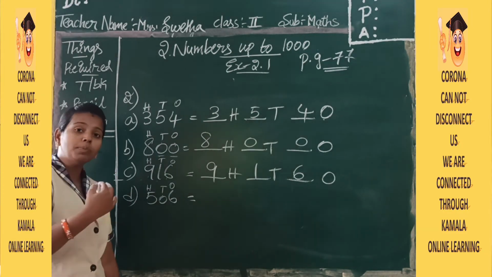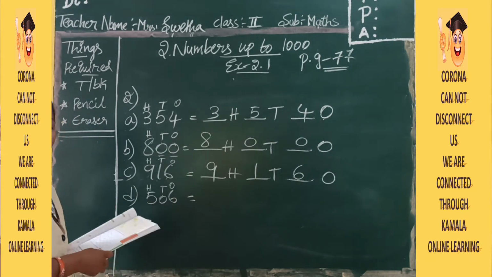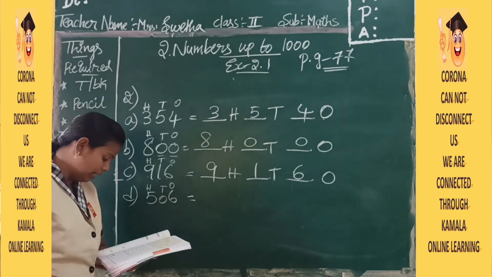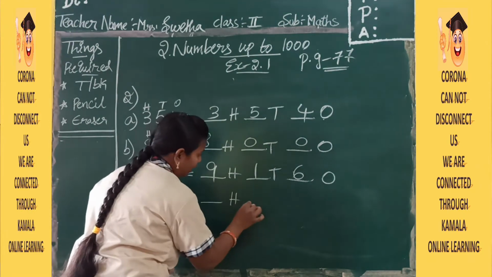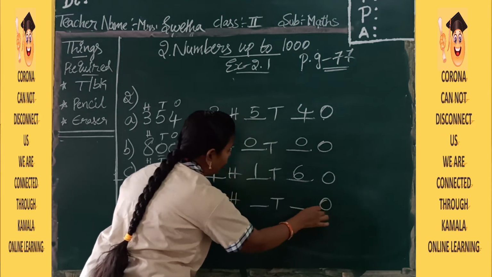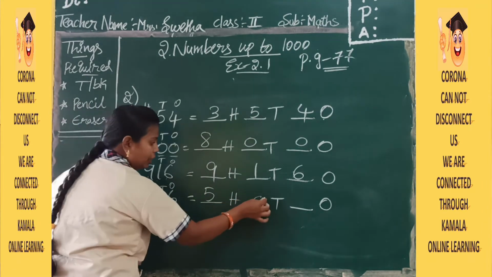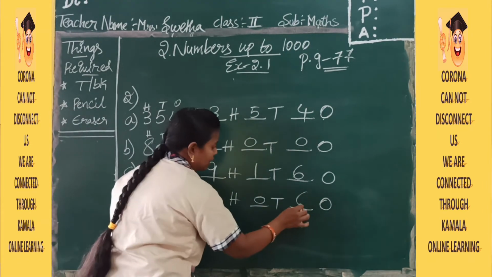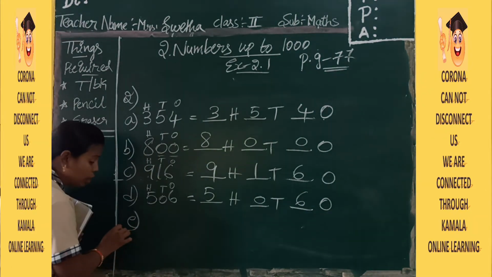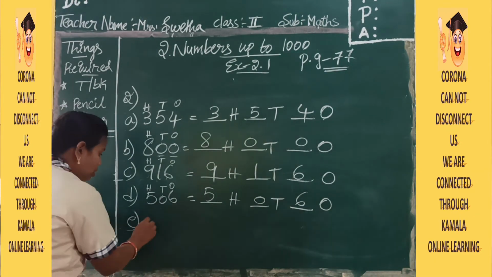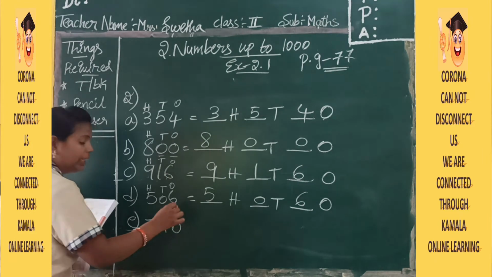Okay. If you learn these places, it helps you to solve many other problems also in future classes. Okay. Now how many hundreds? How many tens? And how many ones? Hundreds 5, tens 0, ones 6. You can check in your term book also, in the question you have. So, 770.